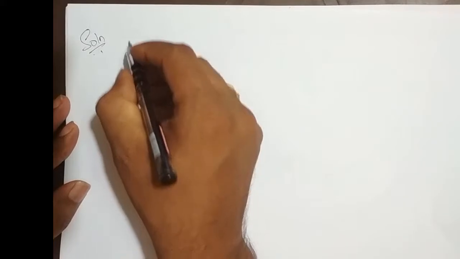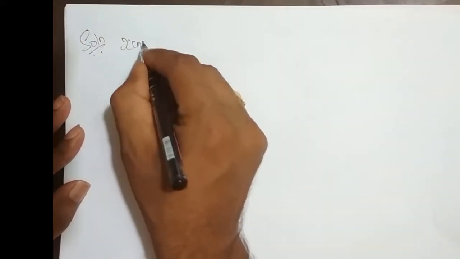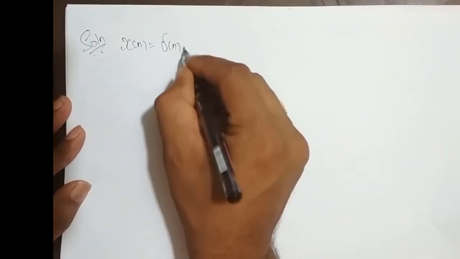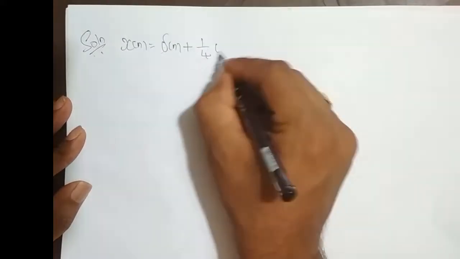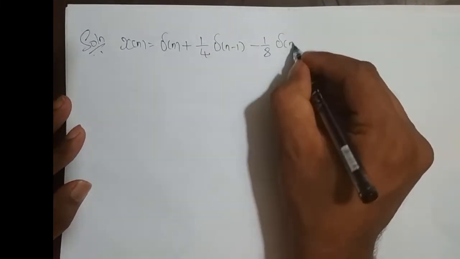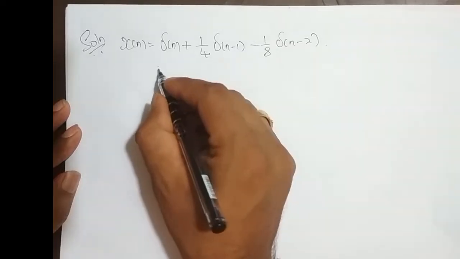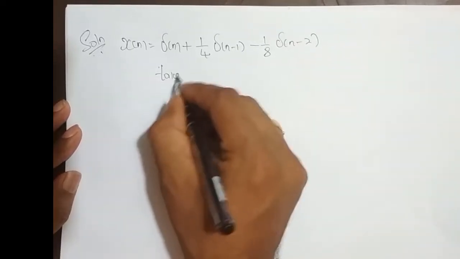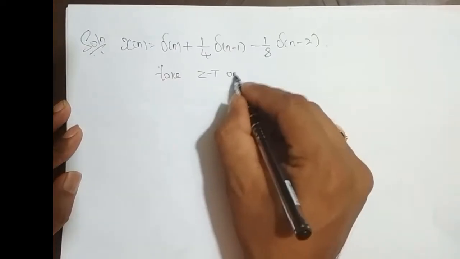Okay, solution. What is the input given? The input is x of n equal to delta of n plus 1 by 4 into delta of n minus 1 minus 1 by 8 into delta of n minus 2. The next step is to take the z transform on both sides.